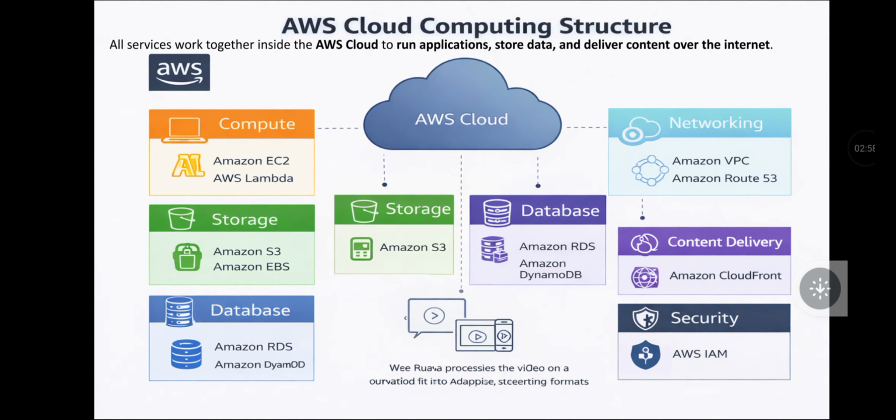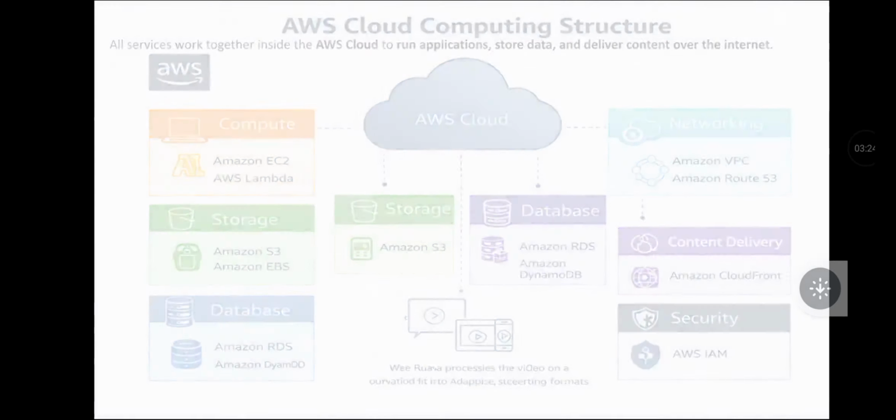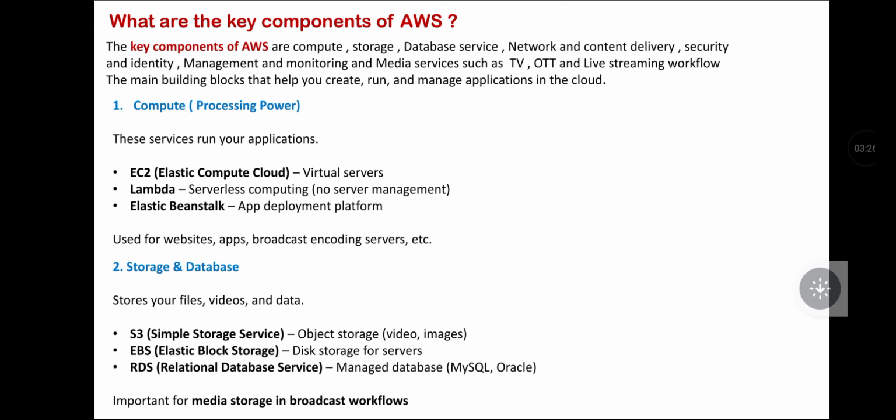The third is your database, that is Amazon RDS, Amazon DynamoDB, and on the right hand side networking, Amazon VPC, Amazon Route 53, then content delivery, Amazon CloudFront, and last security, AWS IAM. So we will thoroughly learn all these tools one by one, what the services are and why we require them.